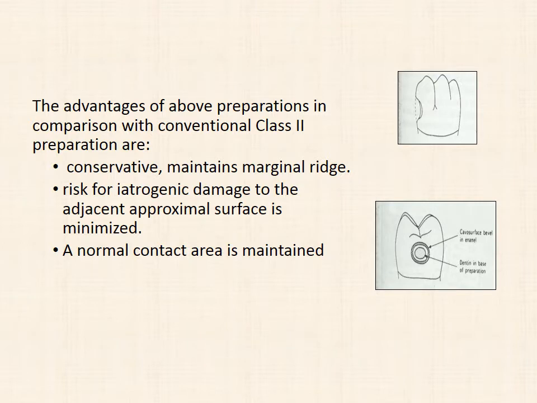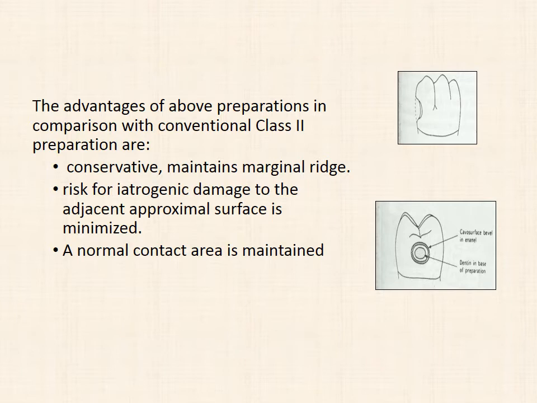The advantage of the slot cavity preparation, compared to the conventional class 2 preparation, is conserving the tooth structure and the marginal ridge. So the risk of iatrogenic damage to the adjacent proximal surface is minimized, and a normal contact area is maintained. You're not extending the cavity as in a conventional class 2 preparation, in which you have to cut the tooth structure from the occlusal surface and the proximal surface.